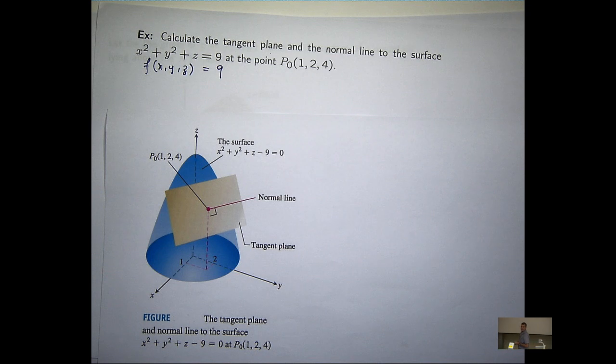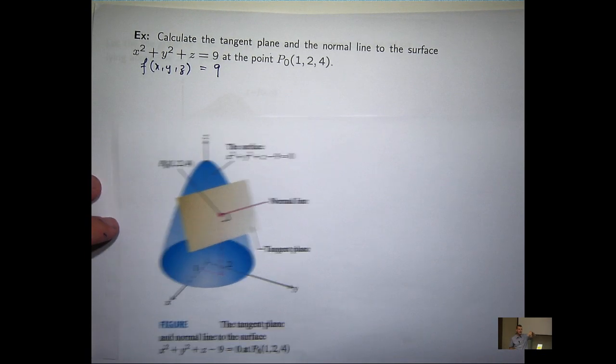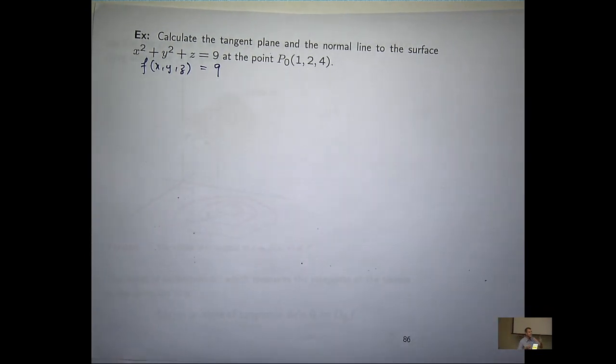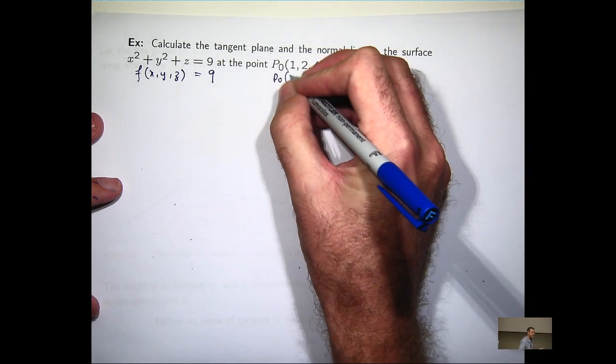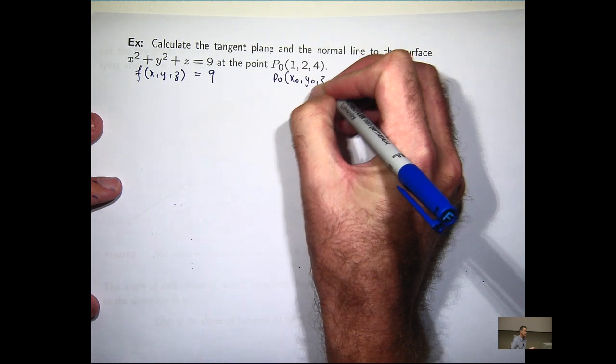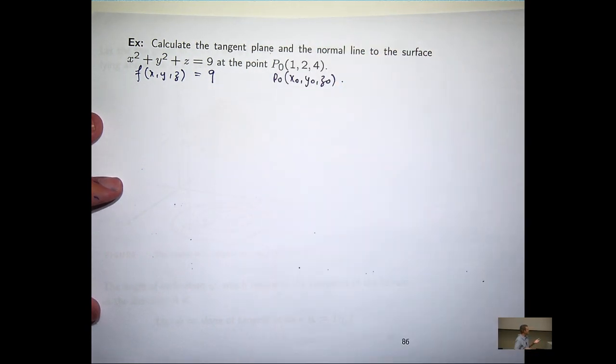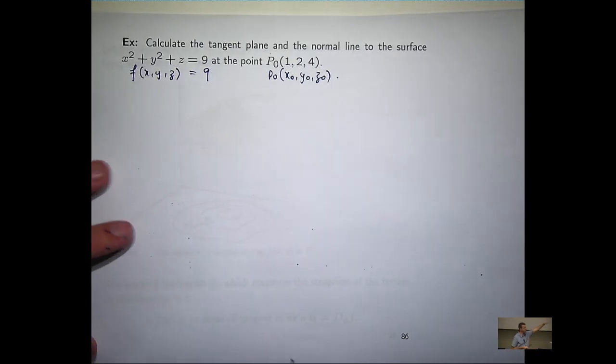Let's use the gradient vector or the gradient field to produce these tangent plane and normal line equations. Okay, we'll come back to that. So our x0, y0, and z0 points are just here.